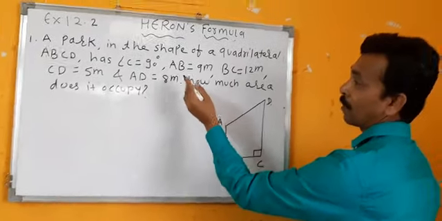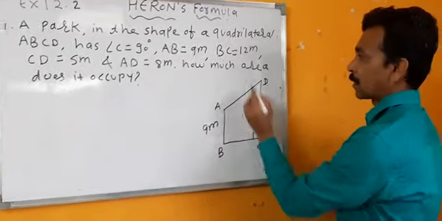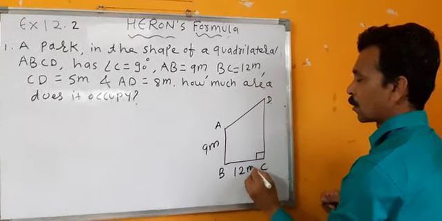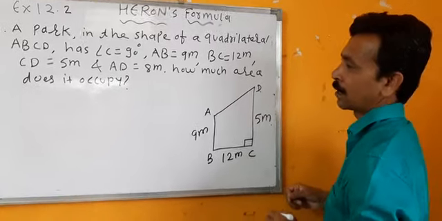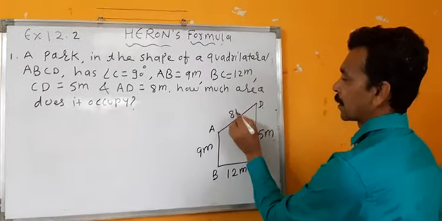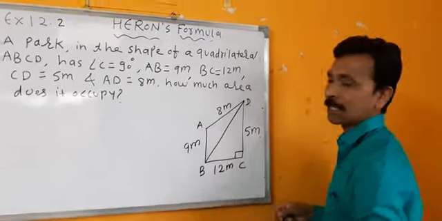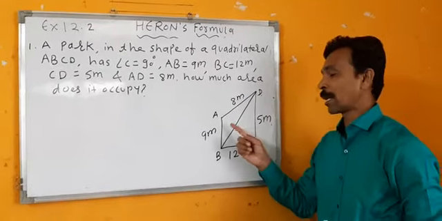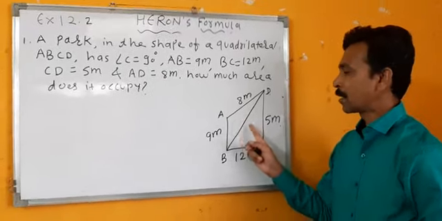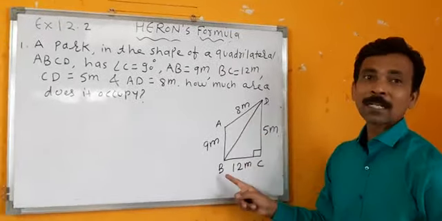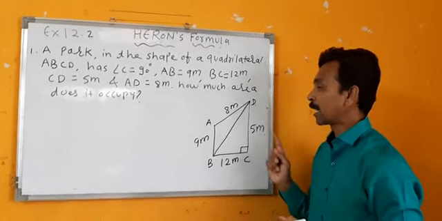AB is 9 meter, BC is 12 meter, CD is 5 meter and AD is 8 meter. You have to join B and D, because quadrilateral means you will get two triangles. Now we can see after joining the diagonal BD, two triangles are formed. Which are they?